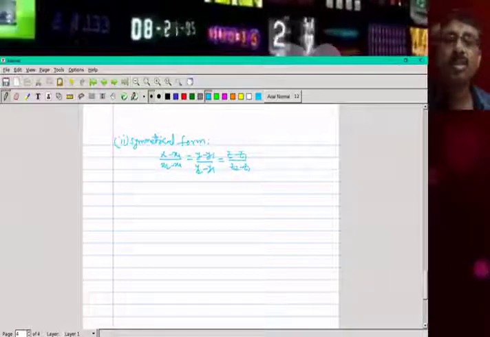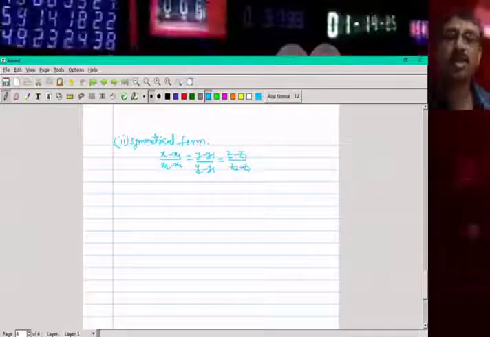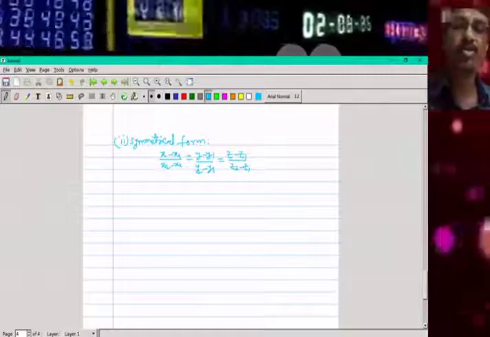We can change the denominators like x1 minus x2, y1 minus y2 and z1 minus z2.